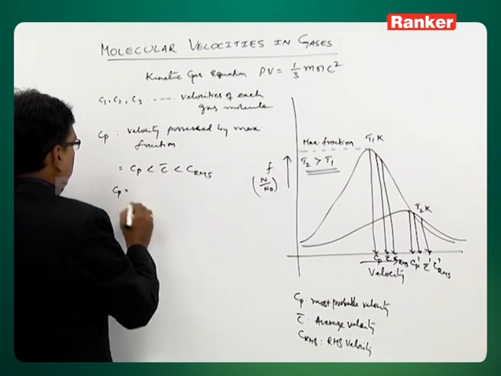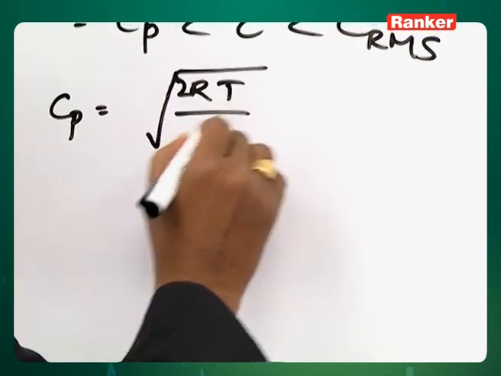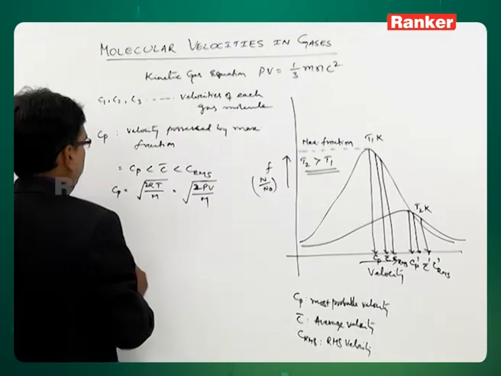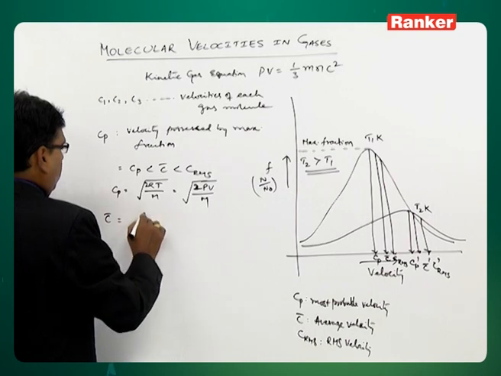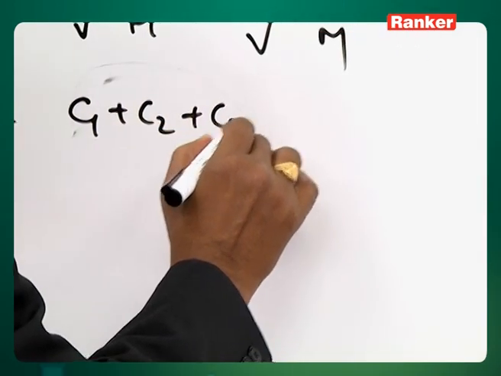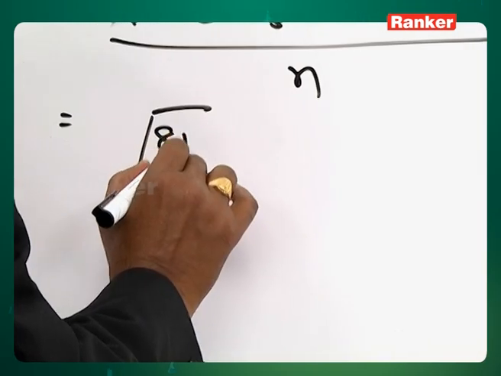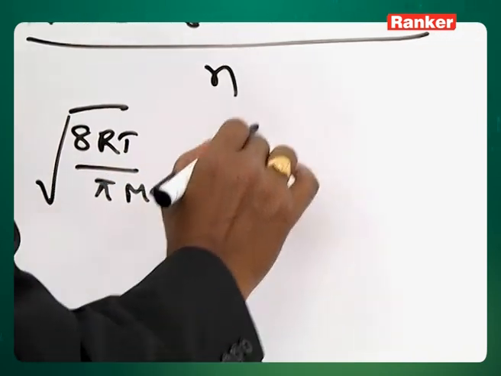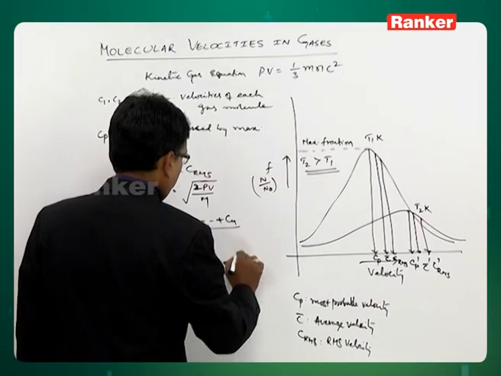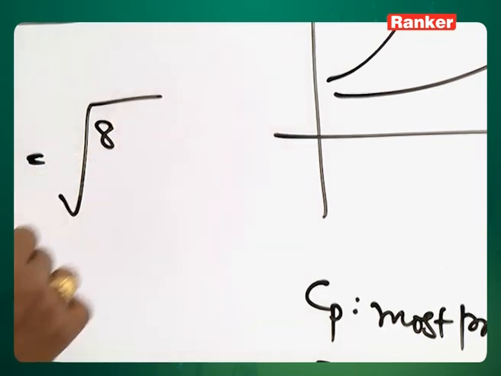So, Cp is equal to under root 2RT by m or under root 2PV by m, and C bar is actually nothing but the average, C1 plus C2 plus C3 plus Cn by n, which is under root 8RT by pi m or under root 8PV by pi m.